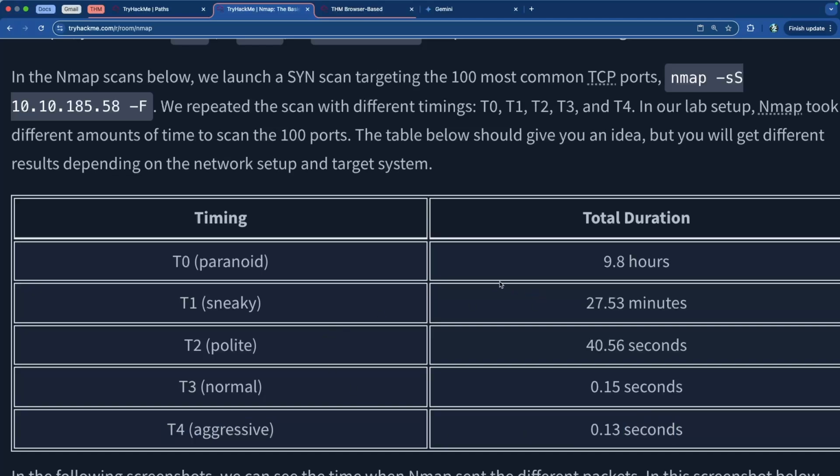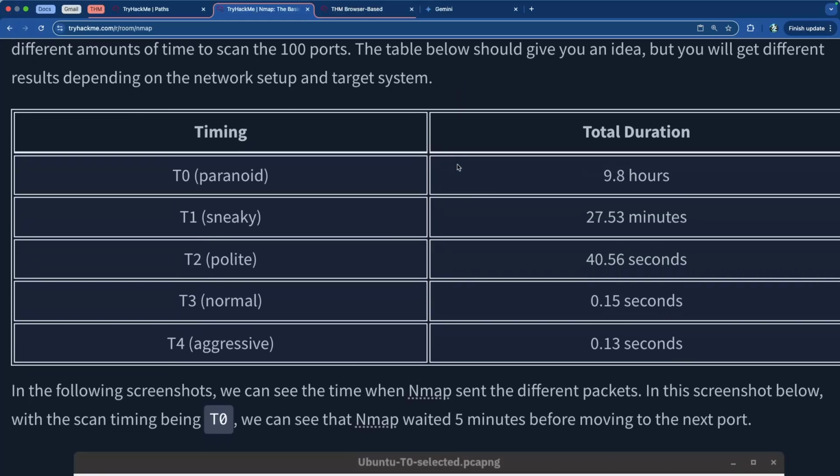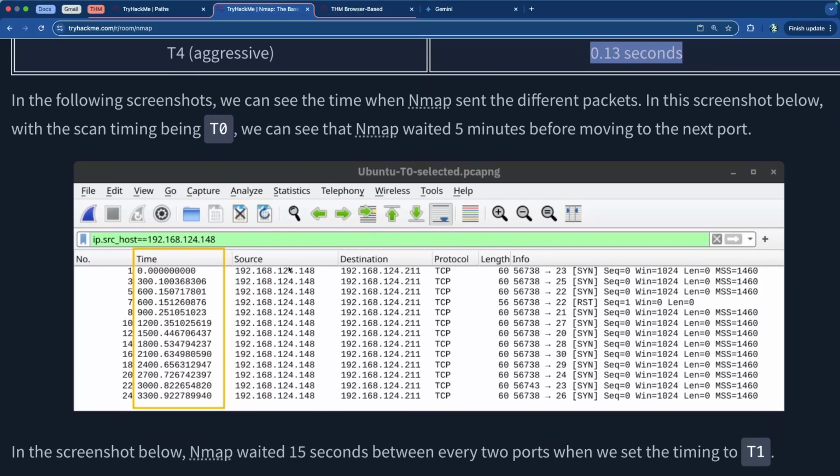So it's a very big leap to go from 9.8 hours, pretty much 10 hours, to 0.13 seconds. Do you see how different it is? Literally the same exact scan against the top 100 most common ports, but it could take 9.8 hours, or it could take less than a second, depending on where you're at.